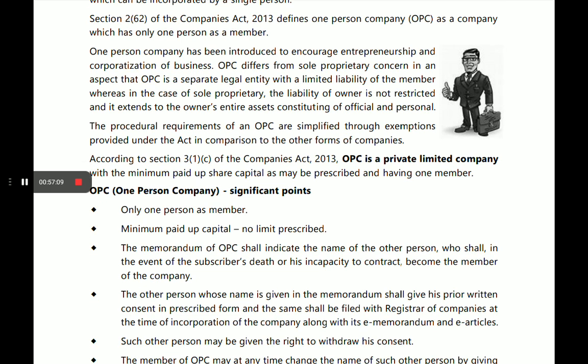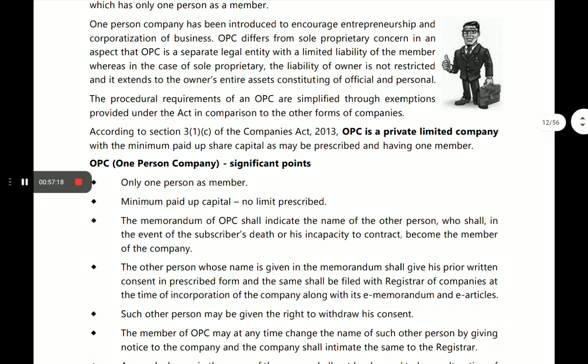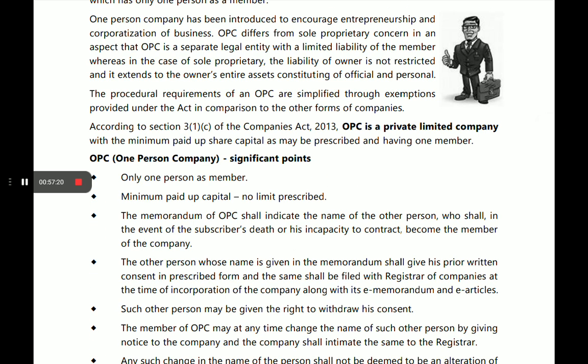According to Section 3, subsection 1, clause (c) of the Companies Act 2013, OPC is a private limited company with the minimum paid up share capital as may be prescribed and having one member.